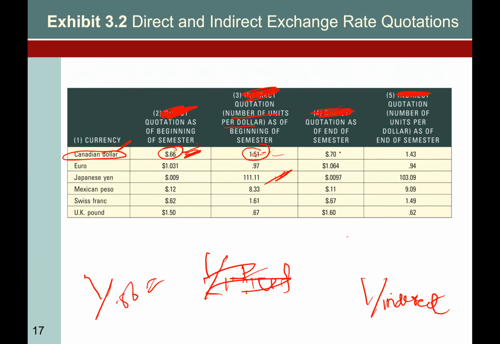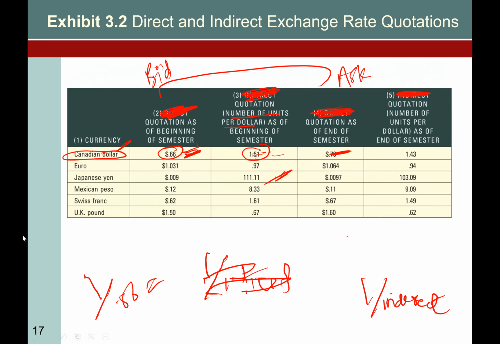Right, so we have been given two rates, 0.66 and 0.70. It means one is bid and one is ask. So which one is ask? Remember, ask is always greater than the bid. So this must be ask, because this is the increased rate, and this must be bid, because this is the decreased rate.